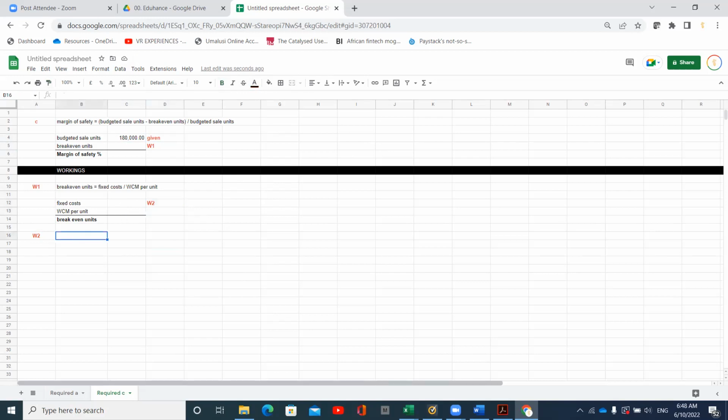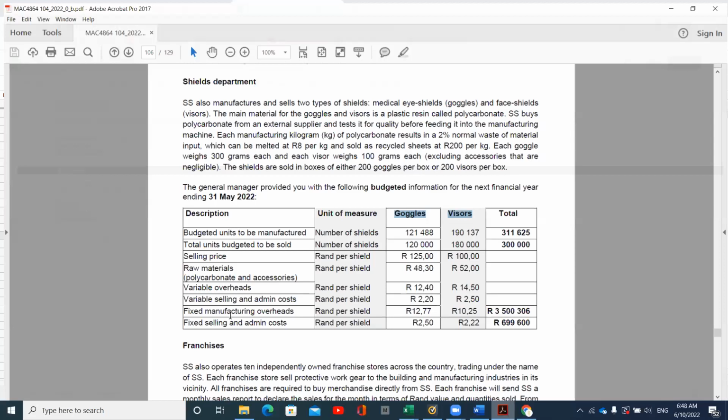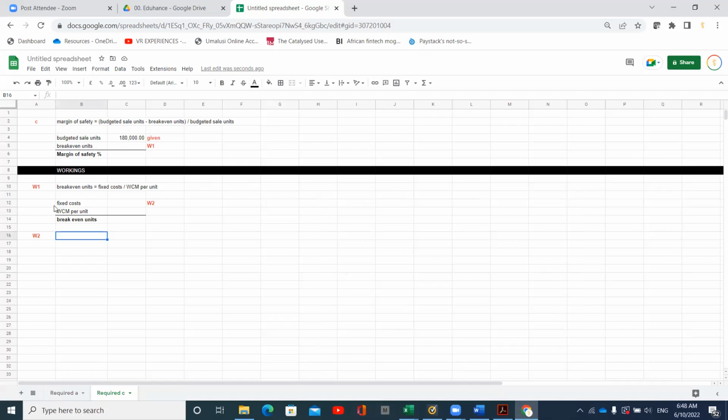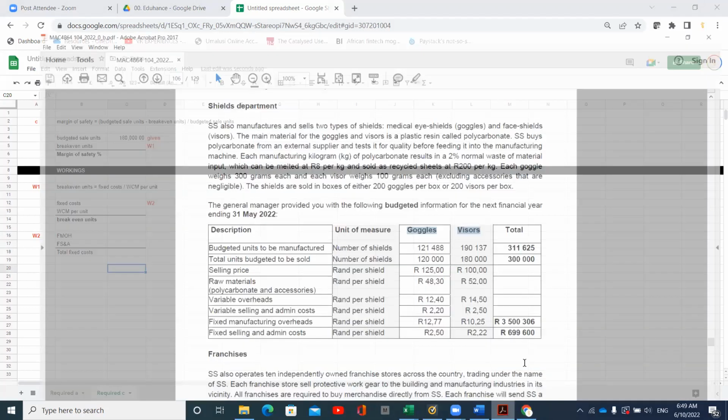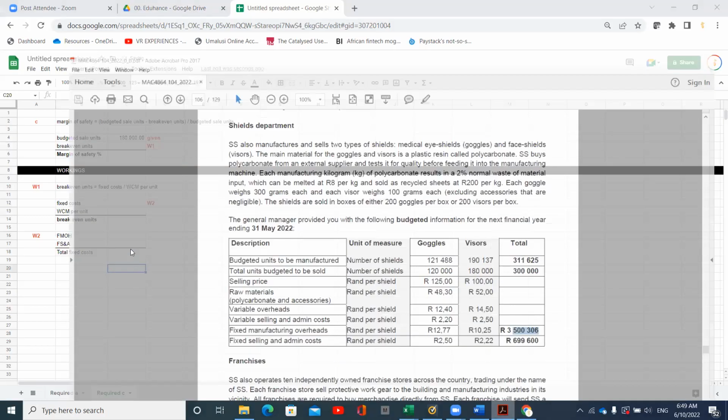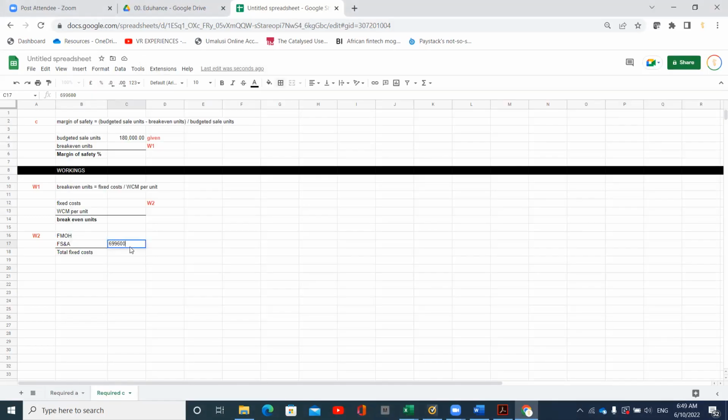So fixed costs in the scenario, we have fixed manufacturing overheads and we have fixed selling and admin costs. This here will be fixed manufacturing overhead. This will be fixed selling and admin costs, and then that will give us total fixed costs. Okay, so they gave it to us: 35306 and 669 600.